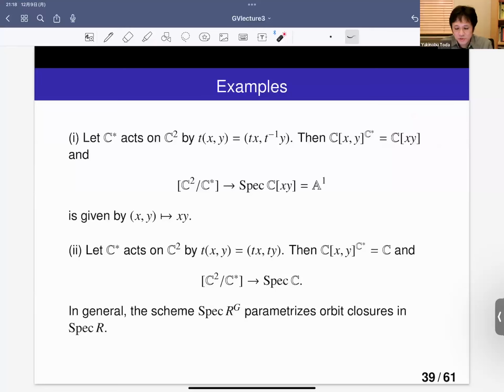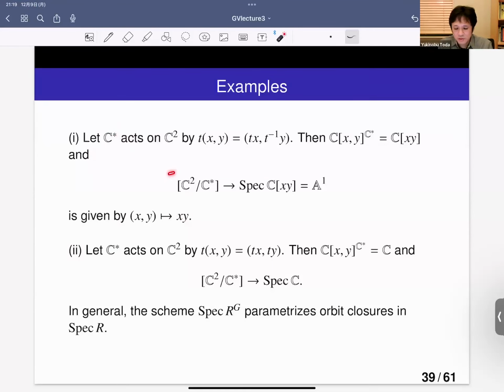And this gives a map from [C^2/C^*] to the spectrum of the invariant ring. The spectrum of the invariant ring is just the one-dimensional affine line, and this map is given by sending (x,y) to xy. So in fact, this map is invariant under this action.